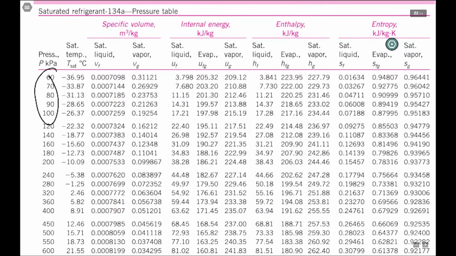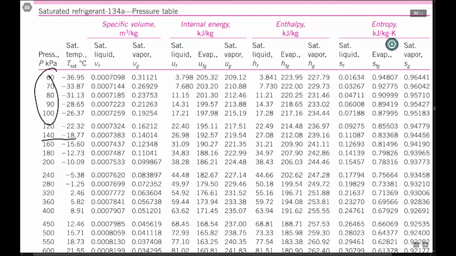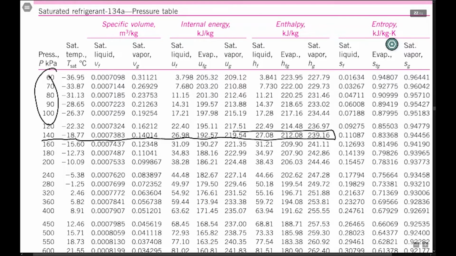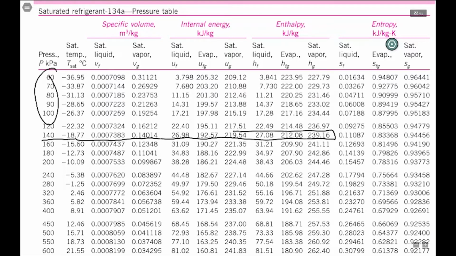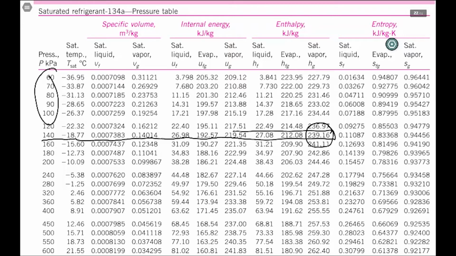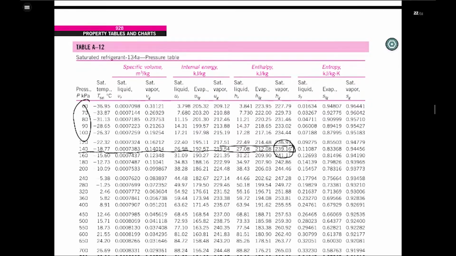Use your ruler, or you can sketch here. Find your enthalpy. So your enthalpy for saturated vapor at 140 kPa should be 239.16 kilojoule per kilogram. Okay, I am right.